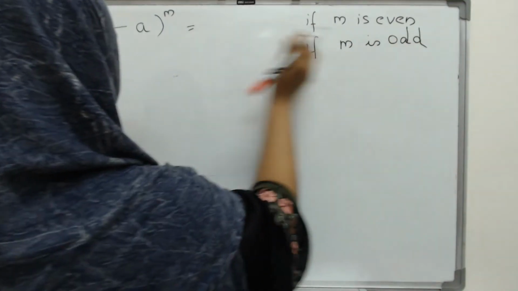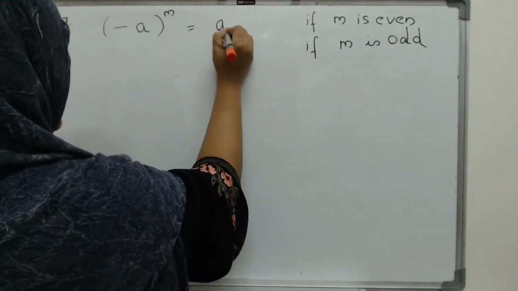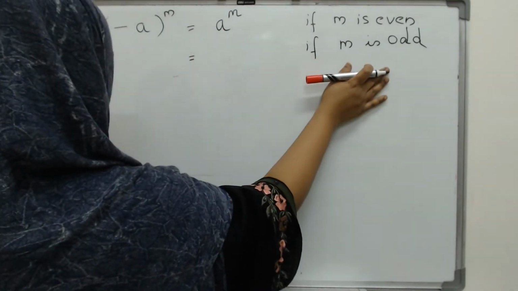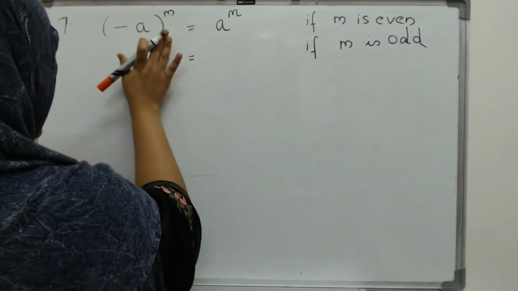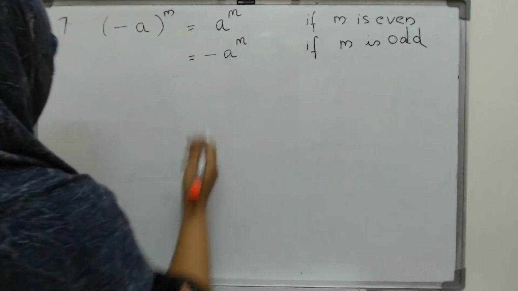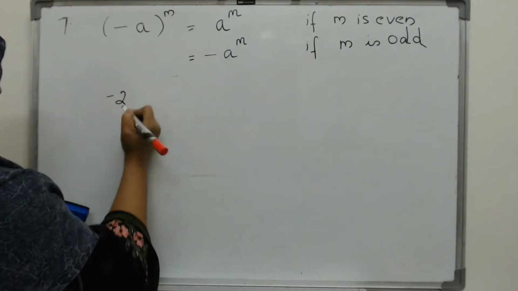If m is even, then this number is the same as a raised to m. But if m is odd, then this expression is the same as minus a raised to m. Now what does that mean? Take minus 2, for example.